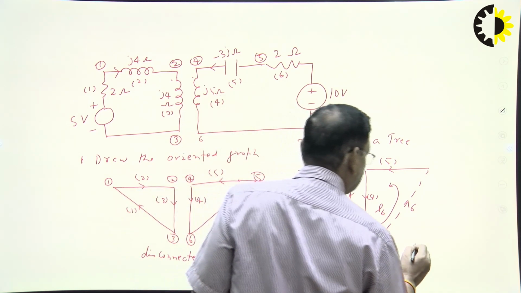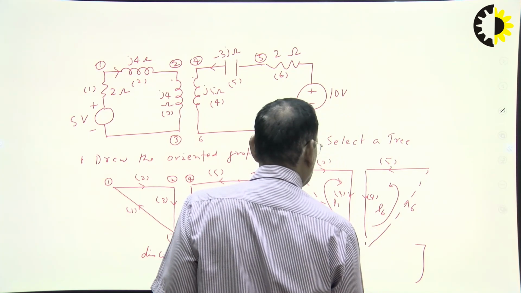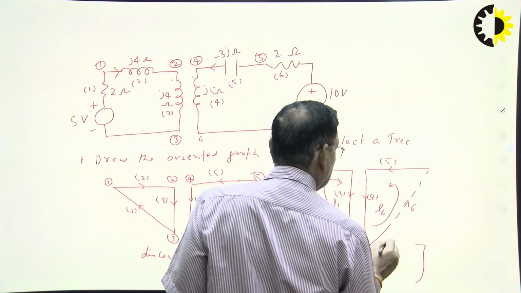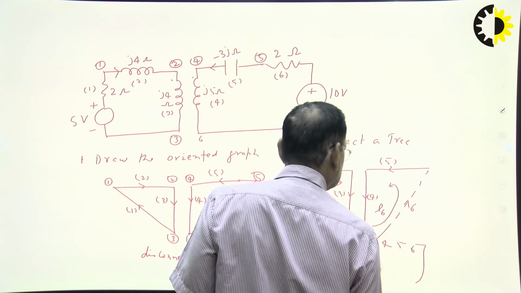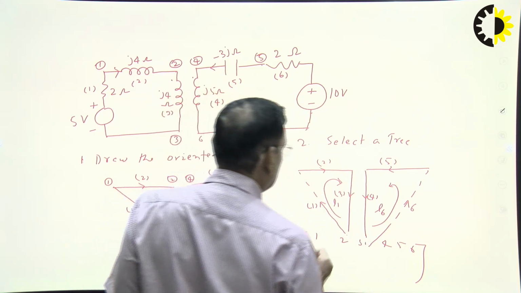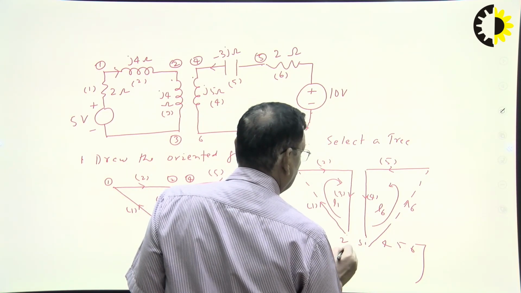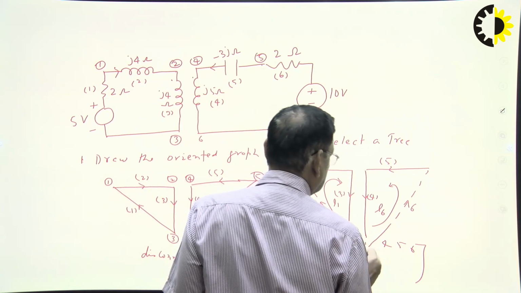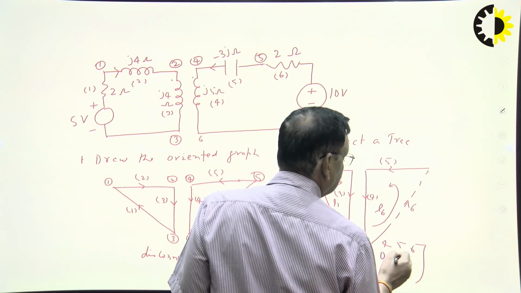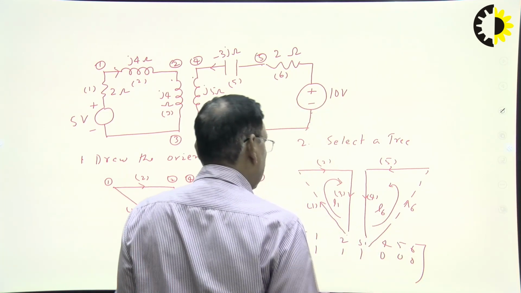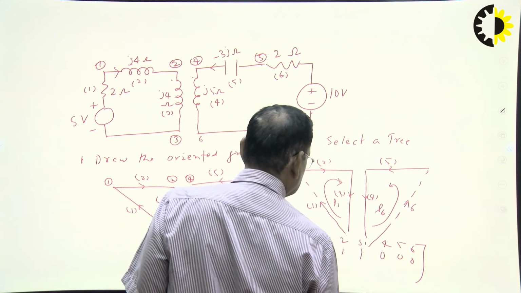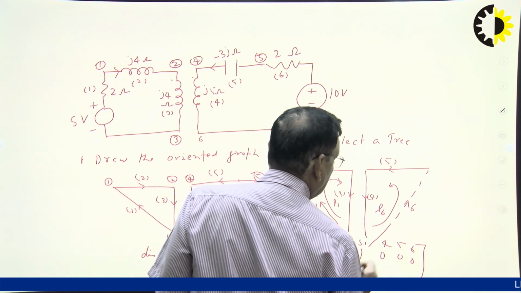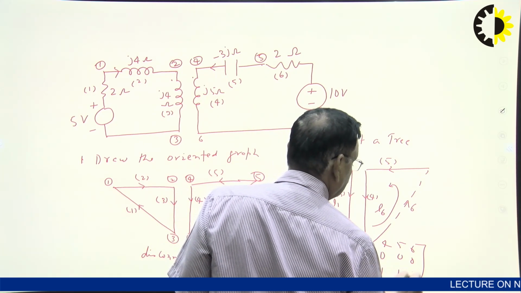And columns will be the number of branches 1, 2, 3, 4, 5, 6. Orientation of 1, 2, 3 is the same as its defining link. So it is 1, 1, 1. 4, 5, 6 is 0, and for L6, 1, 2, 3 is 0 and 4, 5, 6 is 1, 1, 1.